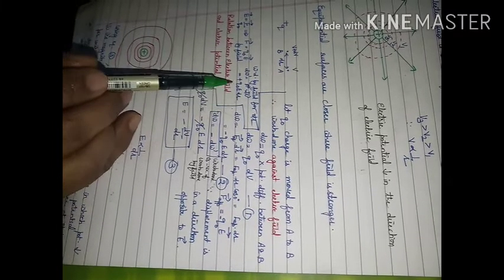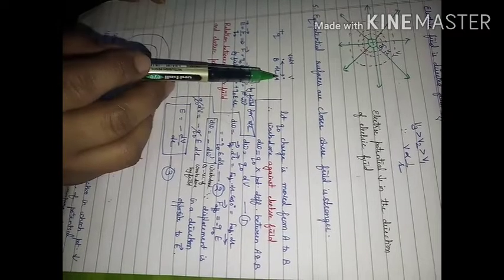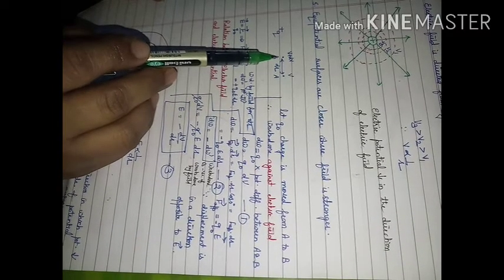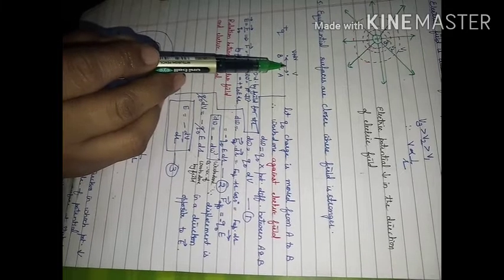But I want to find the work done by us in moving the charge from A to B. This will be equal and opposite to the work done by the field.